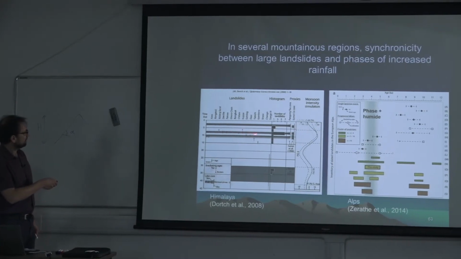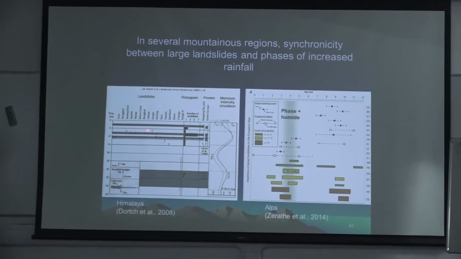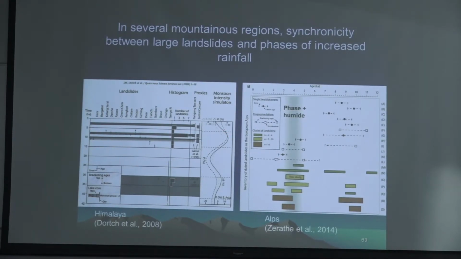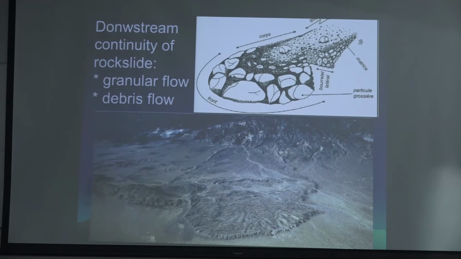It seems that many landslides documented in the northwest Himalaya occur during periods of more intense monsoon. So in both cases, it seems that there is some kind of synchronicity between the activation of large landslides and the more humid periods.